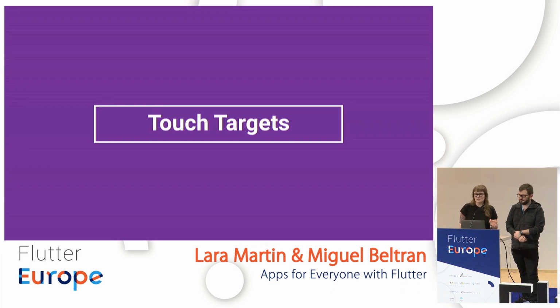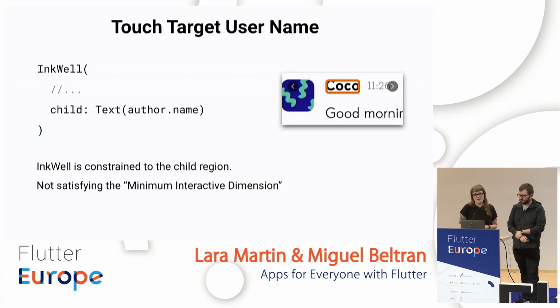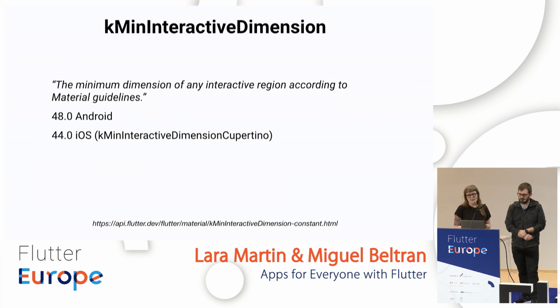So the first one is touch target. The issue here, as Miguel was explaining before, is that the touch target is too small. This happens because the InkWell widget that we have here for the clickable area is constrained to the child region, which in this case is a text widget that contains the username. This does not satisfy the minimum interactive dimension.